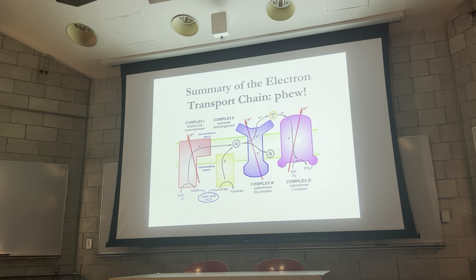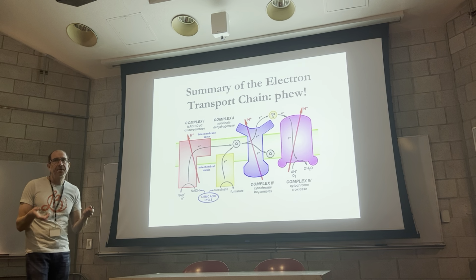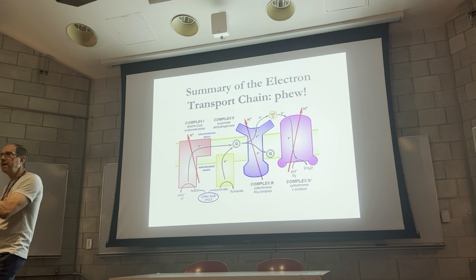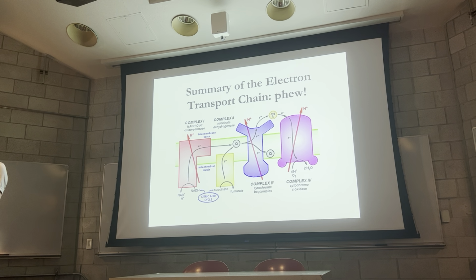I should remind you, by the way, that this thing about FADH2 is not that big a deal. Remember, when you're starting from glucose, we're going to get 10 NADH and 2 FADH2. So for the most part, we're dealing with NADH, and we're going to pump protons as a consequence.